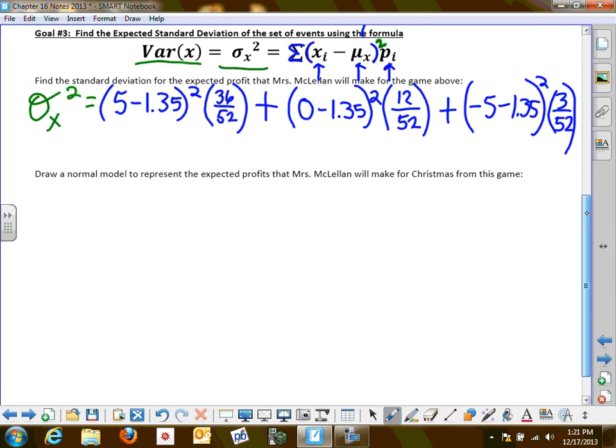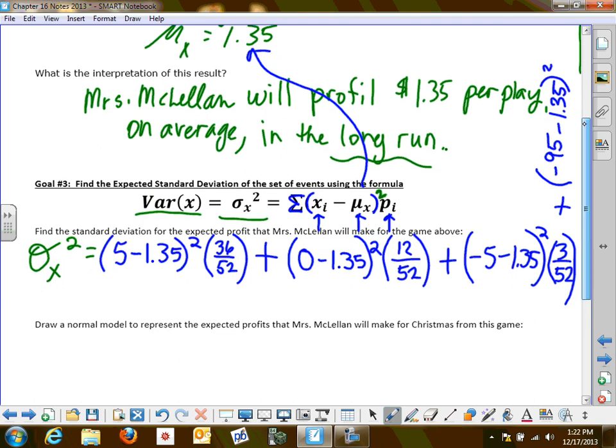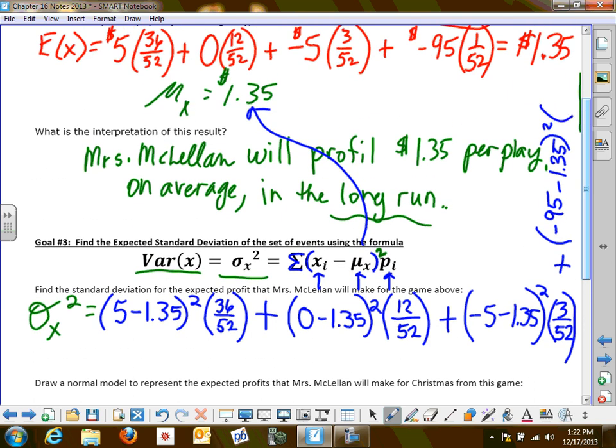And there's one more. Plus, I'm going up the edge here. And that was me doing what? Losing 95. So negative 95 minus $1.35, quantity squared, times the probability of that happening, which was 1 out of 52.